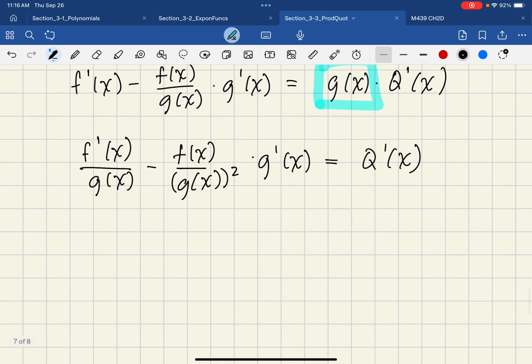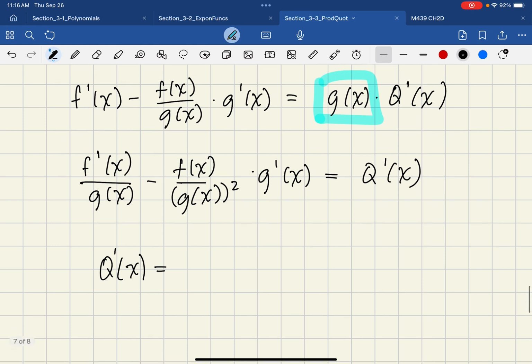And now it's just a matter of cleaning things up a little bit. Let's reverse the order in which we're writing. Let's put q prime of x over on the left-hand side, and on the right-hand side, if I multiply this guy top and bottom by g of x, then we'll have a common denominator and be able to add them together.